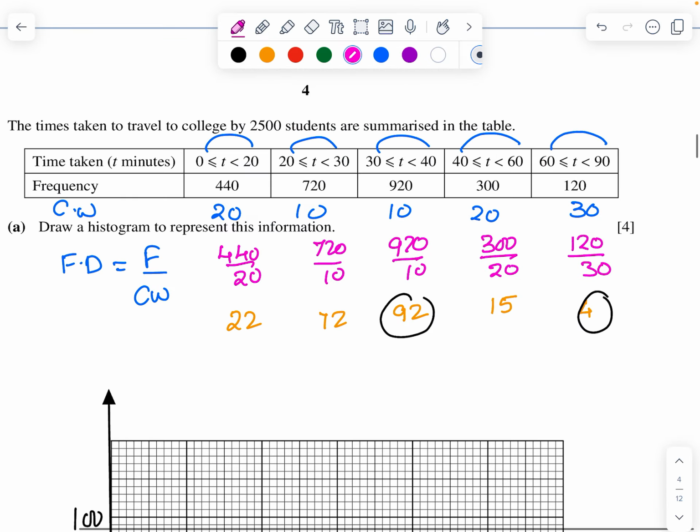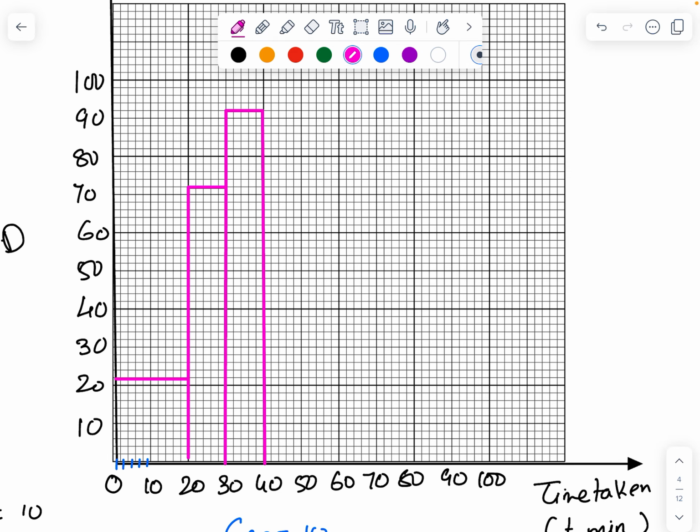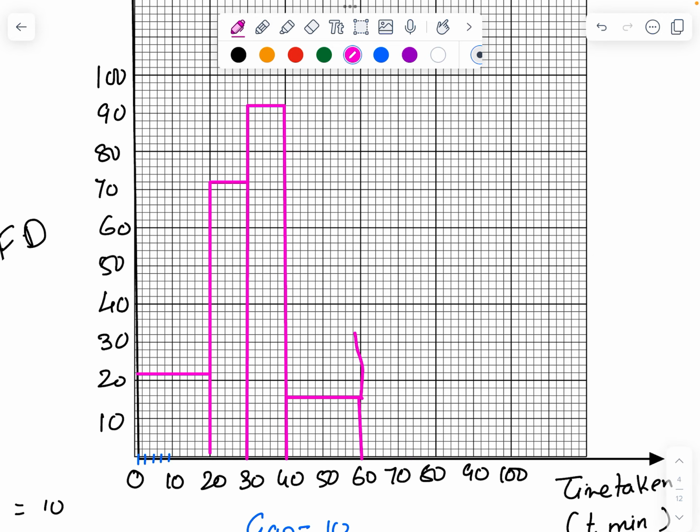Then 40 to 60 is 15. And finally 60 to 90 is 4.